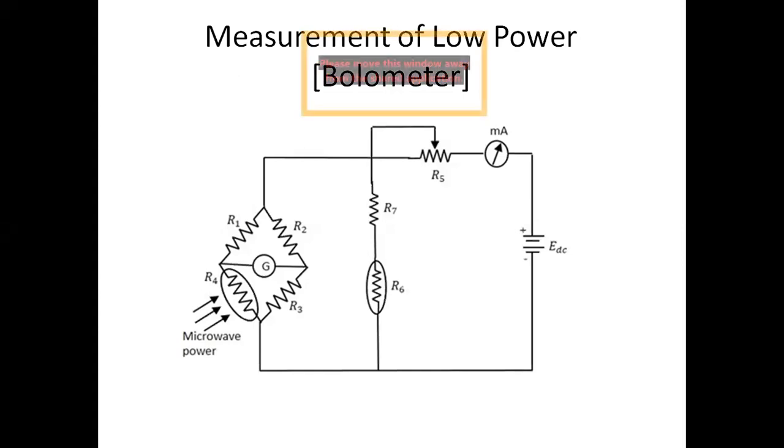It detects the change in resistance, and based on that, we can easily measure the microwave power applied to the device. In this, we can see a place where microwave power is hitting into the circuit. Actually this is a bridge circuit. We need to balance the bridge.